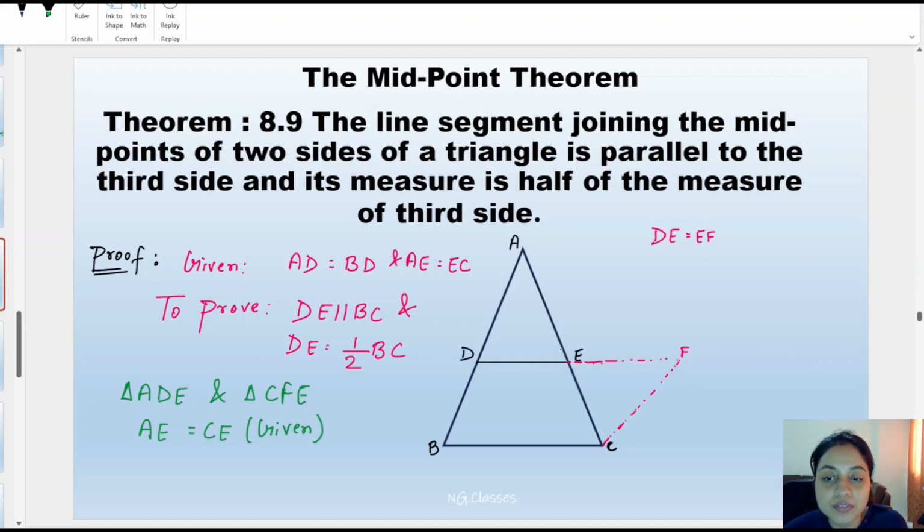Now we can say that angle AED must be equal to angle CEF. When we focus on AC and DF, we can see both the lines are intersecting each other and hence we get vertically opposite angles, which are equal to each other. So angle AED is equal to angle CEF, vertically opposite angles.